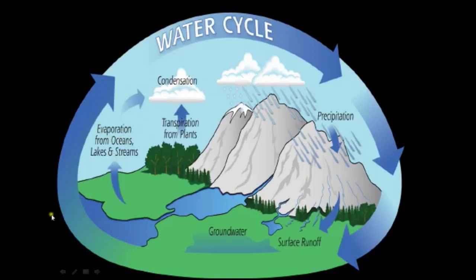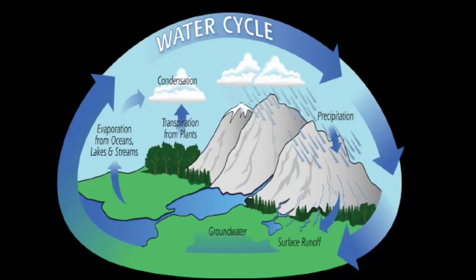After the evaporation, it goes to condensation. After the condensation, it forms the clouds, and then it goes to the process of precipitation. After that, some of the water evaporates into the air and some seeps into the ground, becoming groundwater.